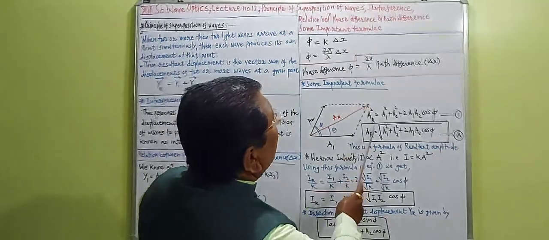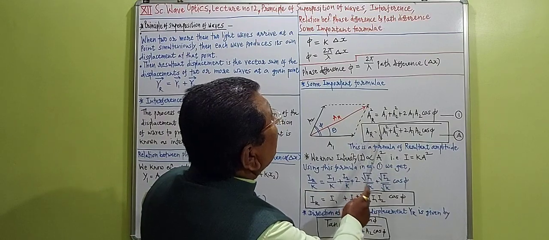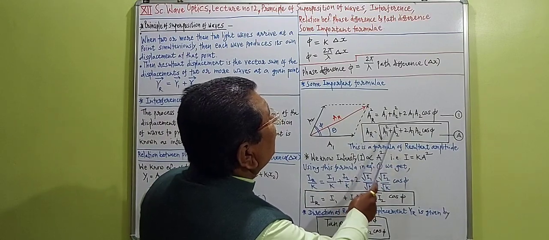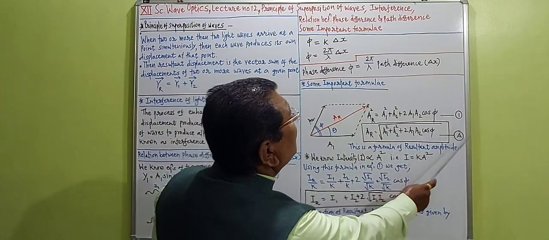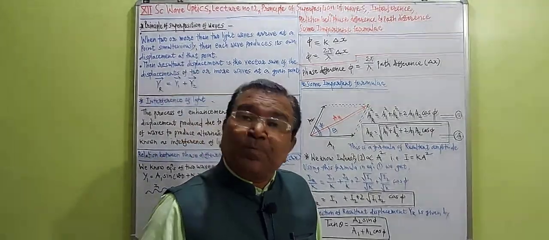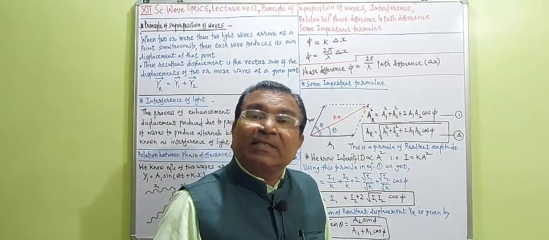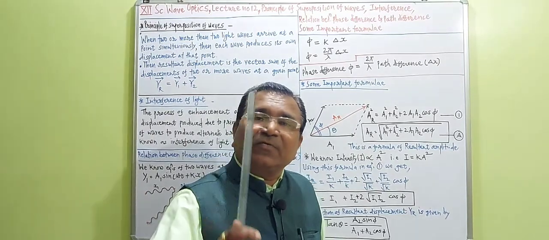By taking the square root on both sides, you get AR is equal to square root of A1 square plus A2 square plus 2 A1 A2 cos phi. This is equation A, the formula of the resultant amplitude of the resultant wave.